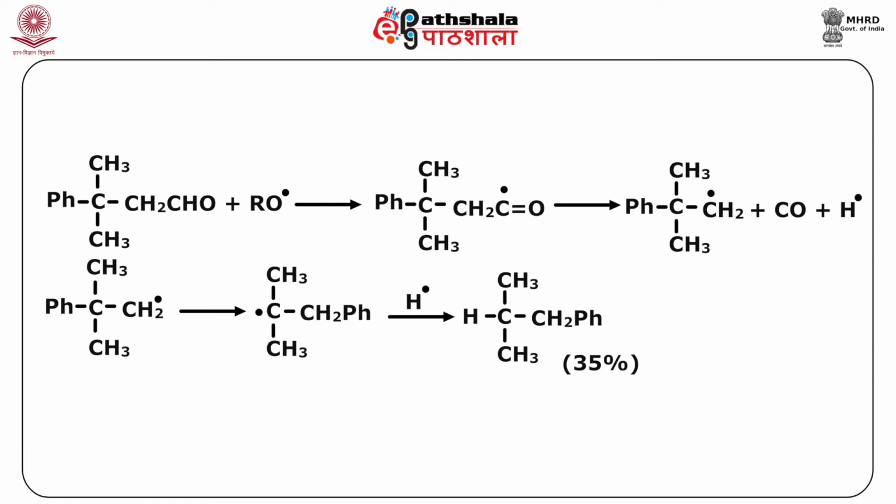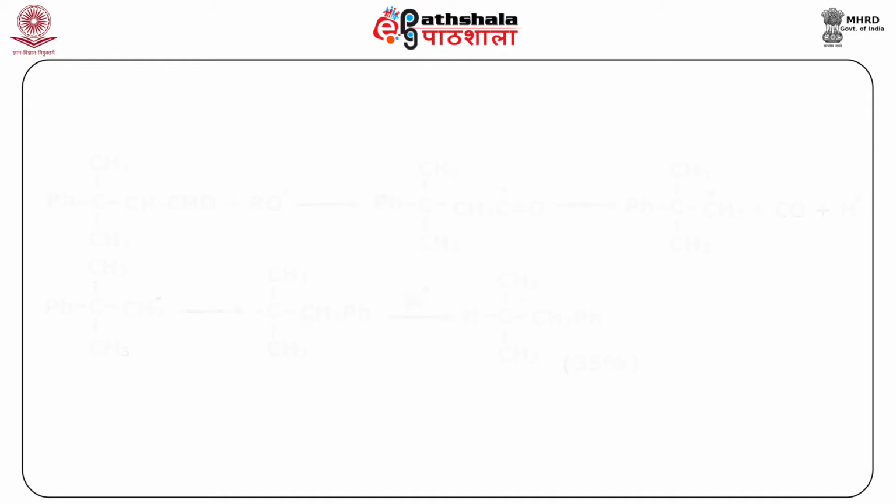This primary radical further rearranges to form a tertiary radical, which, as we have earlier told, is more stable than the primary radical. The hydrogen radical then combines with this tertiary radical, leading to the formation of a hydrocarbon. This is how the reaction proceeds and the products are formed.